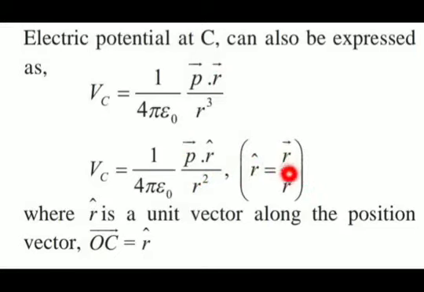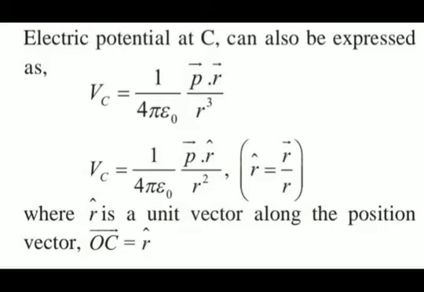So instead of writing this, we can write r cap, that is the unit vector. So vector P dot unit vector upon r square. Here r cap is a unit vector along the position vector OC. So these are the final expressions for the electric potential due to an electric dipole.